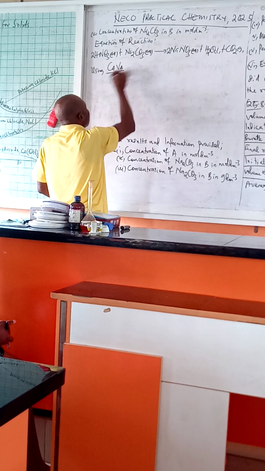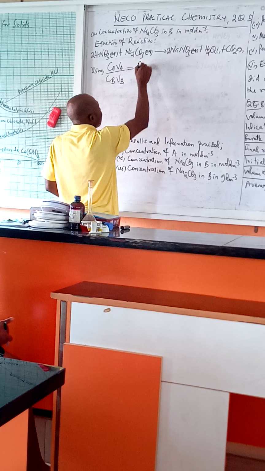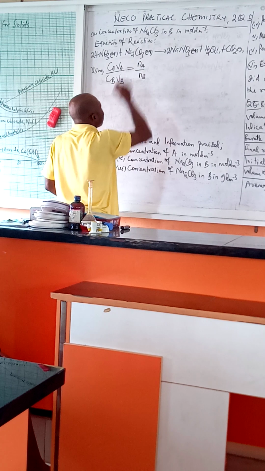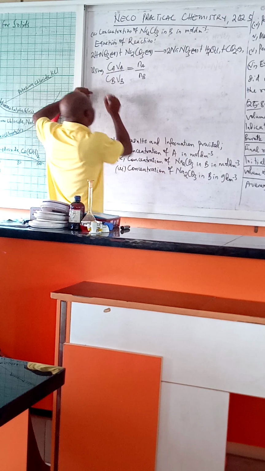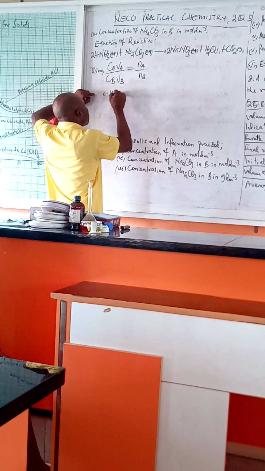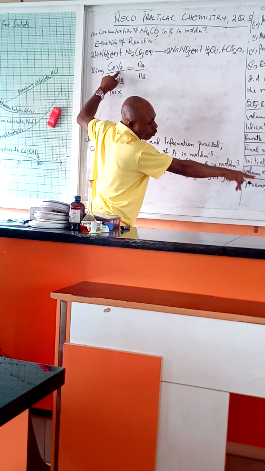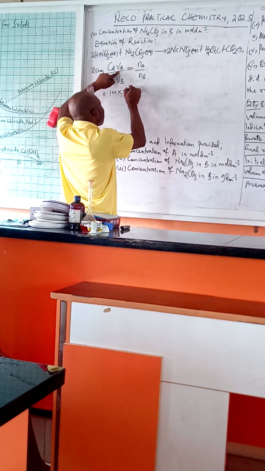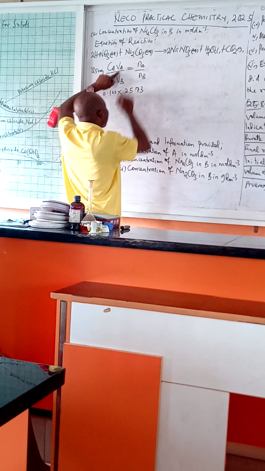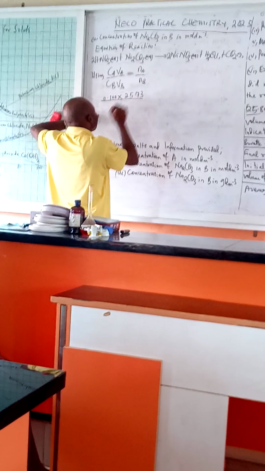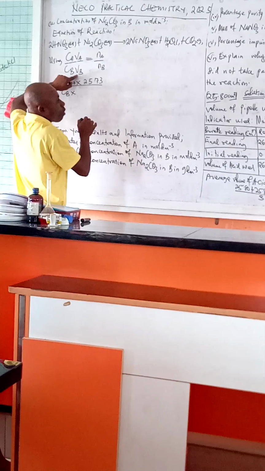So using CaVa all over CbVb equals Na all over Nb. Our Ca is already known as 0.100 multiplied by our Va, which is the average volume of acid used, 25.73, all over Cb, which is not given, multiplied by our Vb.